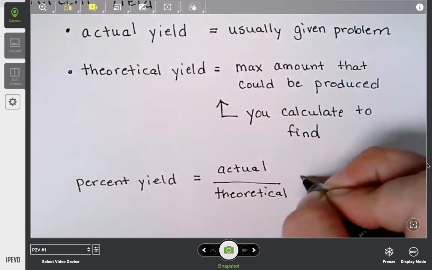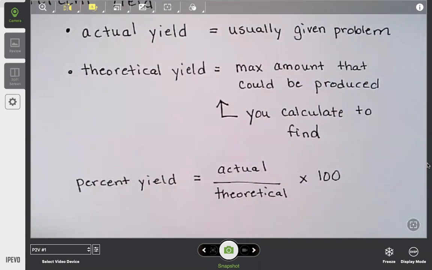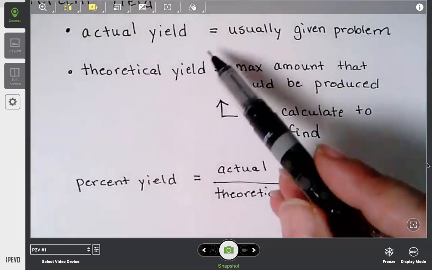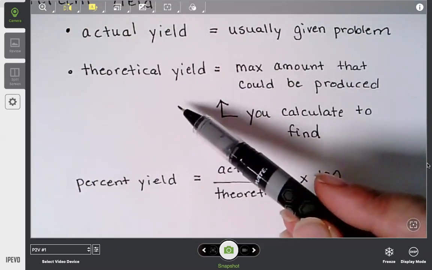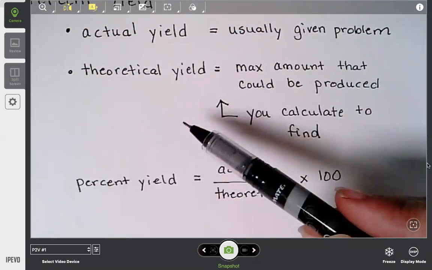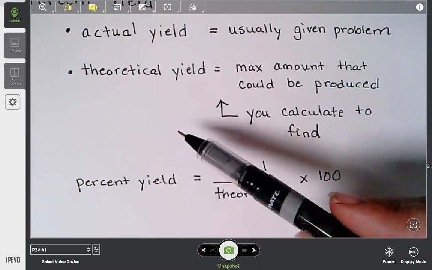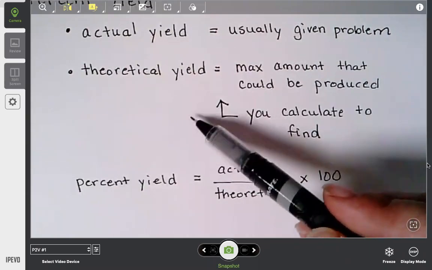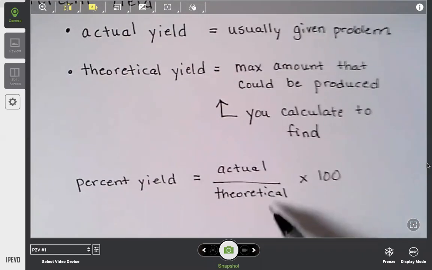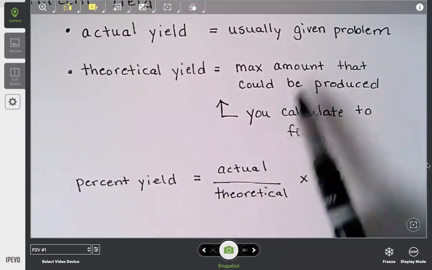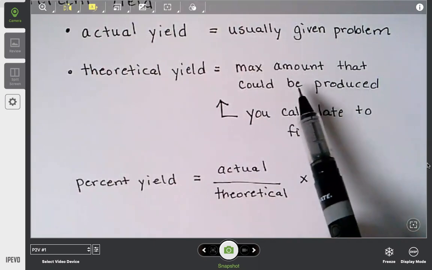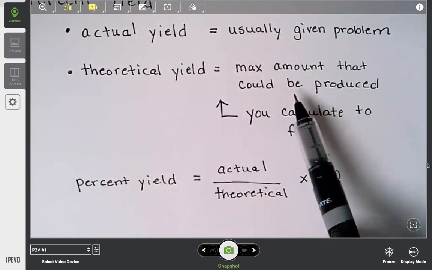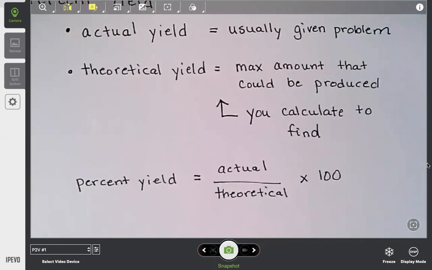And then you, of course, multiply that by 100 to get a percentage. So the actual yield is given in the problem. The theoretical yield, you're going to calculate it. It might be mole to mole, but usually it's mass to mass stoichiometry. And then you are going to determine the percent yield by taking the amount given in the problem, dividing it by the theoretical amount that you calculated, and then multiplying by 100.